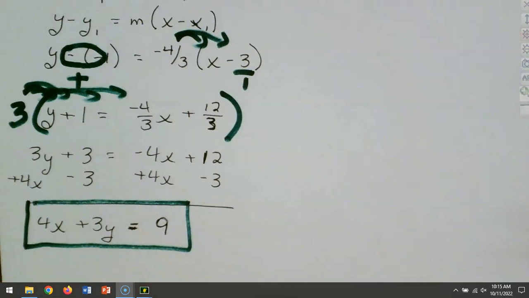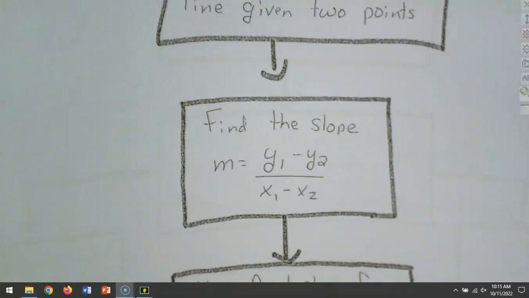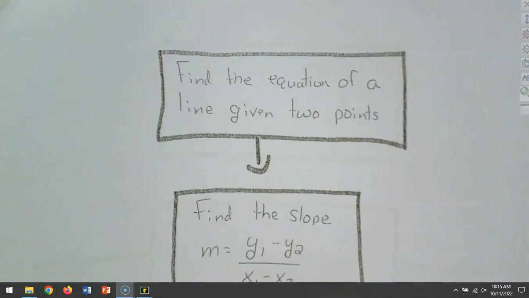So these were finding the equations when we were given a point and a slope. Now we're going to look at some where you're given 2 points, and that's the second page. This just makes it so much easier than any other way of working these out. Use the flow chart. Okay, the second page, what does it say?